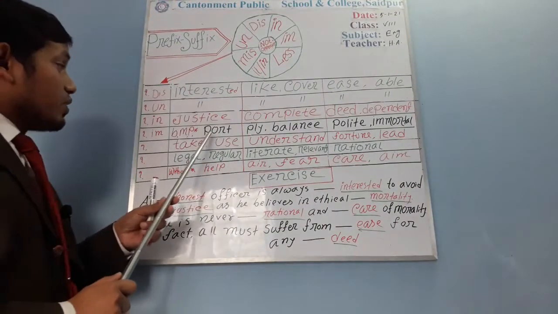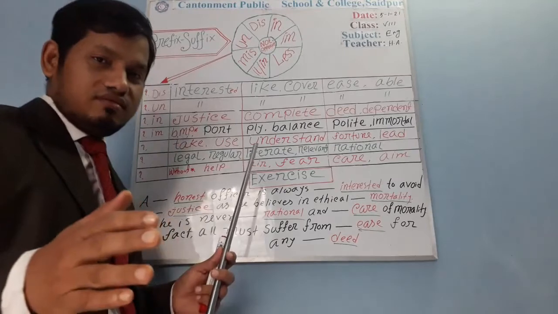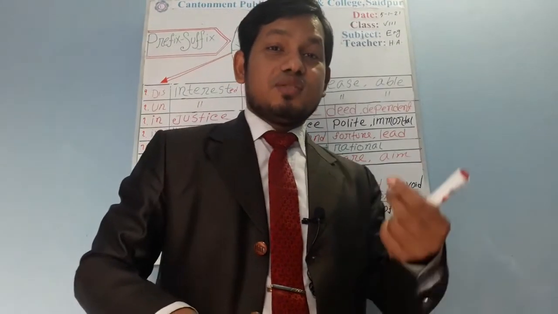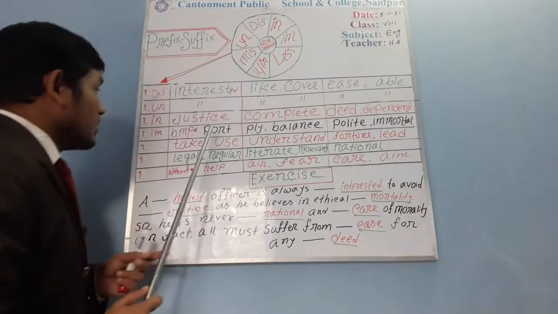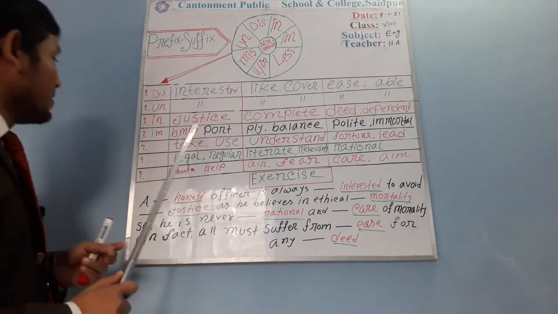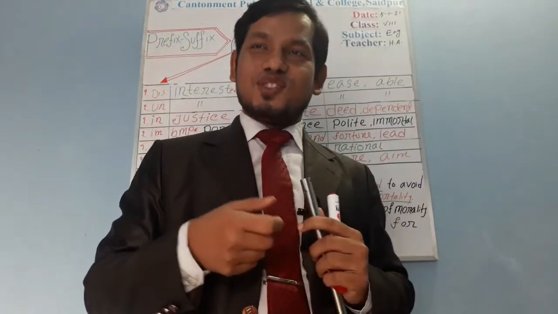Again, I'm telling you, port is a noun, but when you use import, it gives the meaning of a verb. It turns into a verb. Port is a place or city, right? A harbor. But import means to bring goods from another country, right?